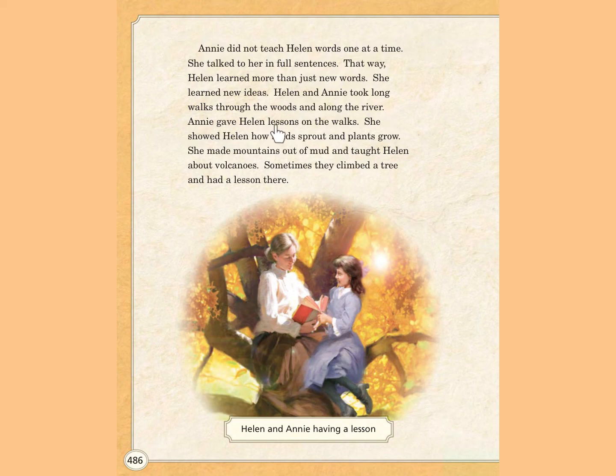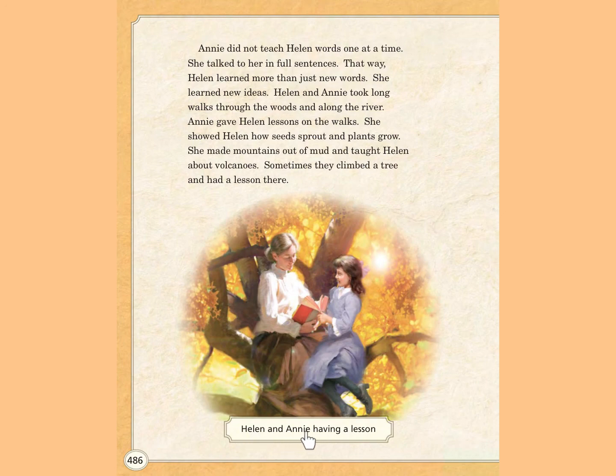Annie gave Helen lessons on the walks. She showed Helen how seeds sprout and plants grow. She made mountains out of mud and taught Helen about volcanoes. Sometimes they climbed a tree and had a lesson there.